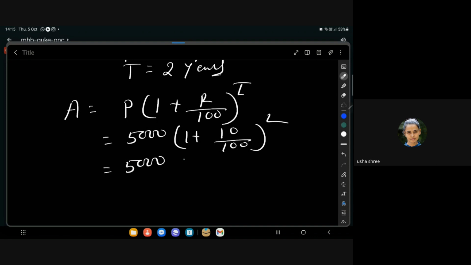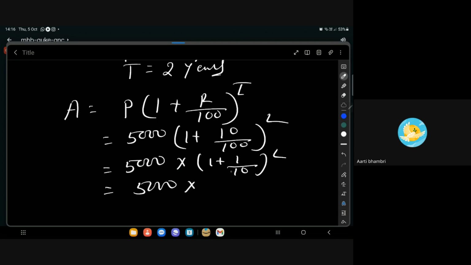So 5,000 into 1 plus 1 by 10, squared. This will give you 11 by 10, so 11 by 10 squared means 11 by 10 into 11 by 10.